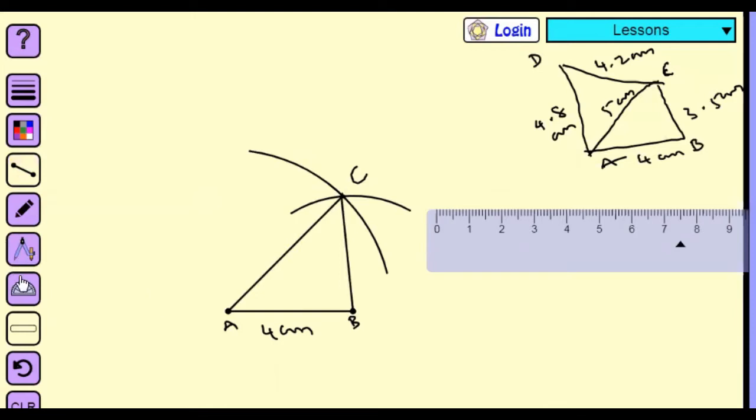Now we have completed the triangle ABC and label it with the measurements. So A to C we have 5 centimeters and B to C 3.6 centimeters.